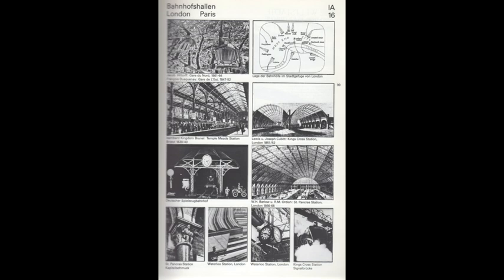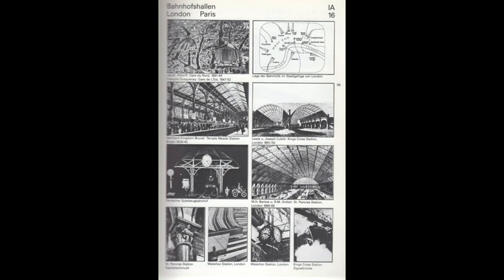So the transparency of the material, the lightness of this material, and the way that you can prefabricate it were some very big plus points. So this altogether makes a big revolution in architecture and in construction.